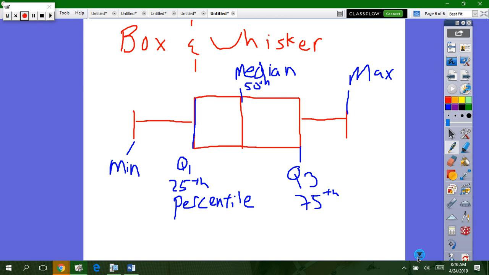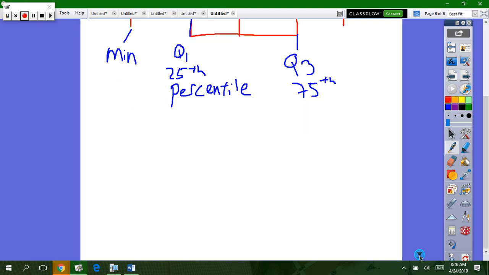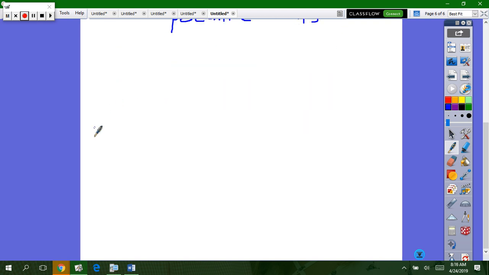So, on our data, let's go ahead and do it. Notice our smallest size was a 4, right? So I have 5, 6, 7. Yes, you have to do a number line. 8, 9, 10, 11, 12, 13, 14, 15, 16.